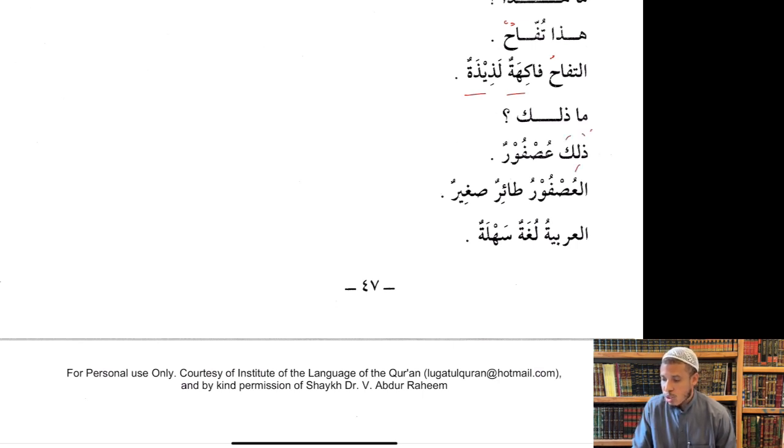ذلك عصفور. That is a sparrow. العصفور طائر صغير. The sparrow is a small bird, not منعوت. العربية لغة سهلة. Arabic is an easy language, not منعوت. العربية لغة جميلة.